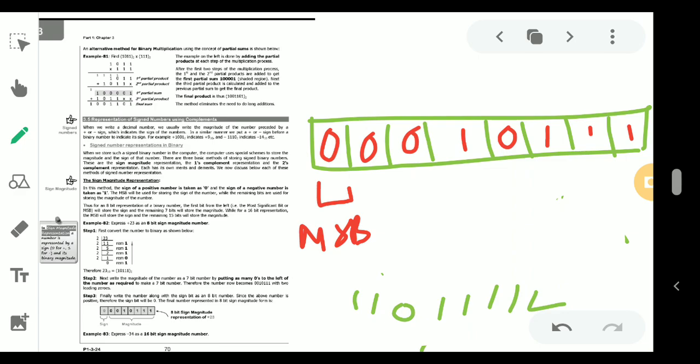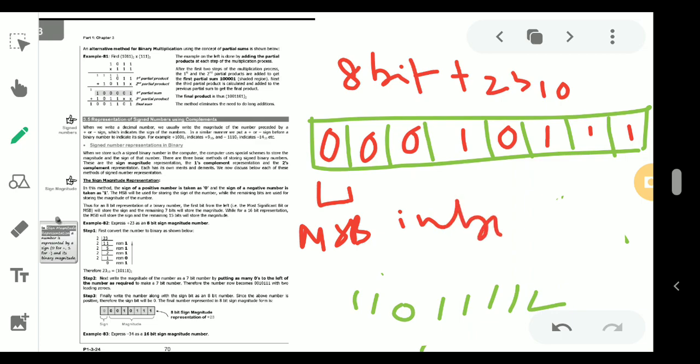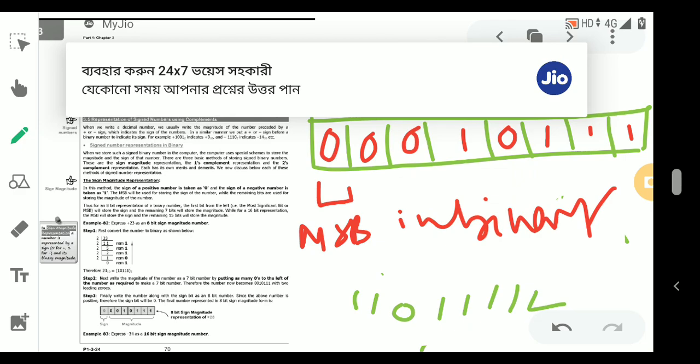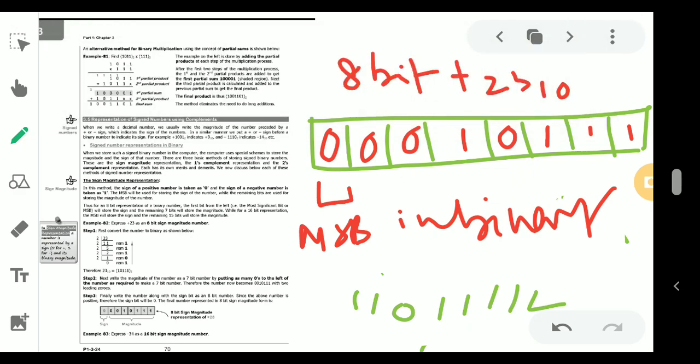So this is the 8-bit representation of positive 23 base 10 in binary. First we find the binary value of the decimal number. Next, if it's 8 bits, we showcase 8 bits, and the first bit, the MSB, is 0 if positive and 1 if negative, and we fill the bits starting from the right hand side.